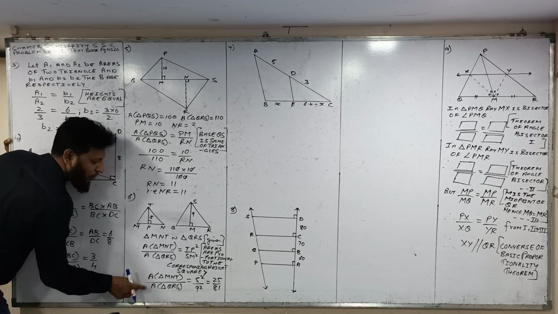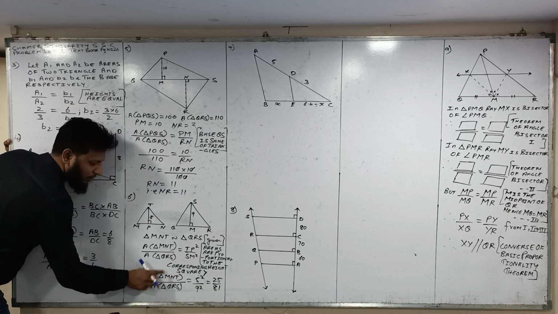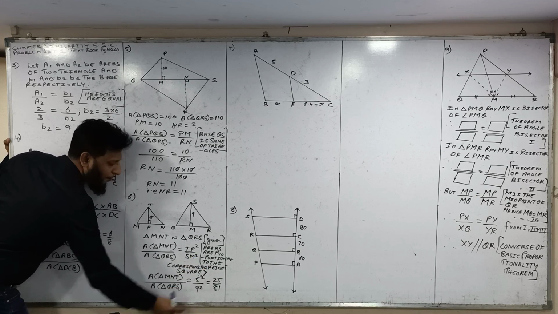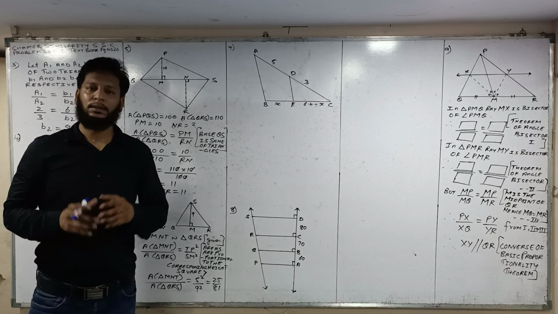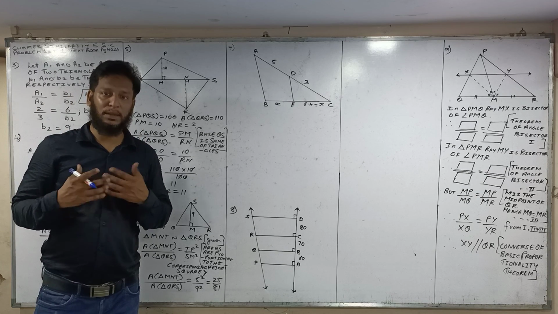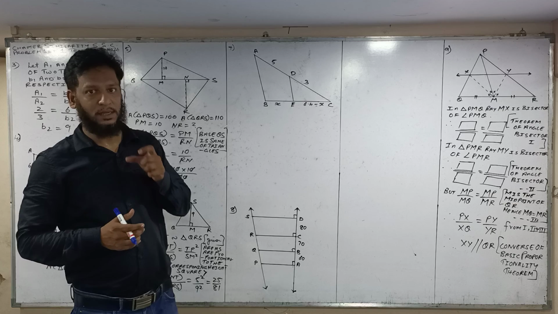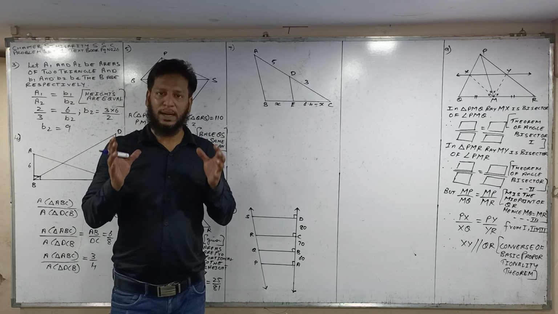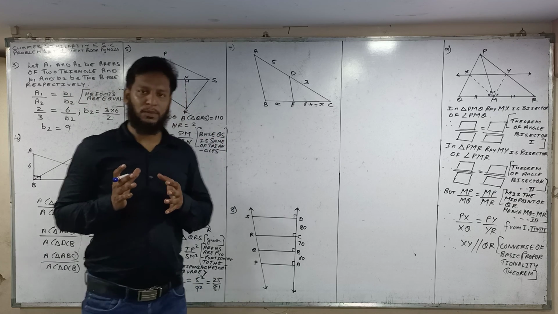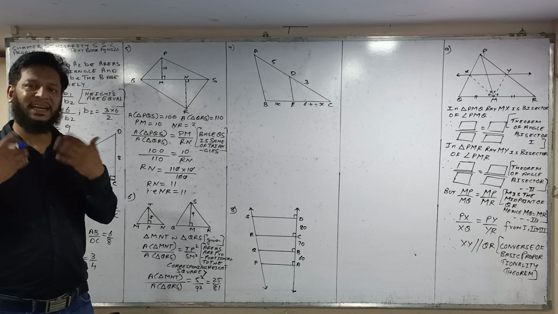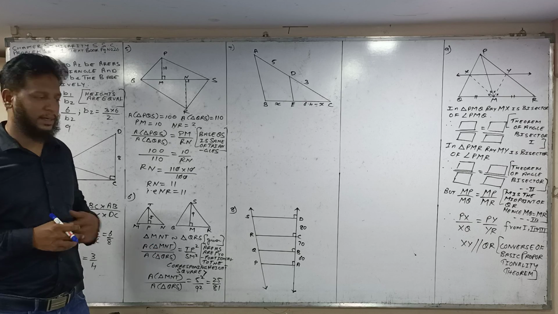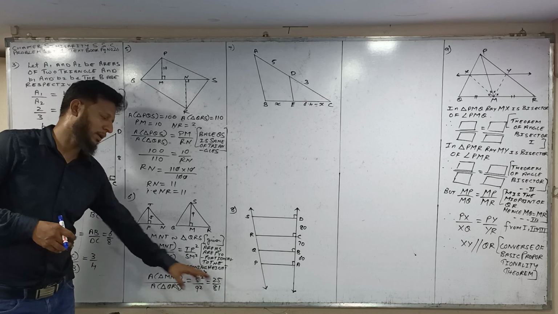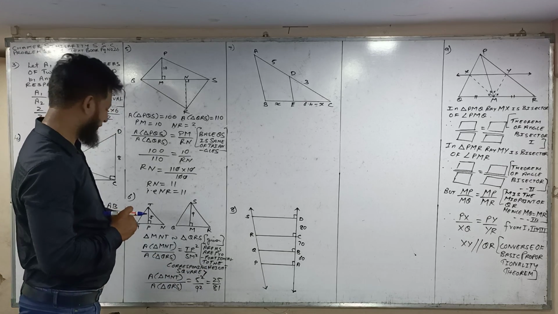So the proportion of area of triangle MNT with QRS is 25 upon 81. Remember this point, important point. The proportion of similar triangles: when the triangles are similar, the areas are proportional to their corresponding side square, height square, or median square. So here the heights are given, so height square. Okay. So done.